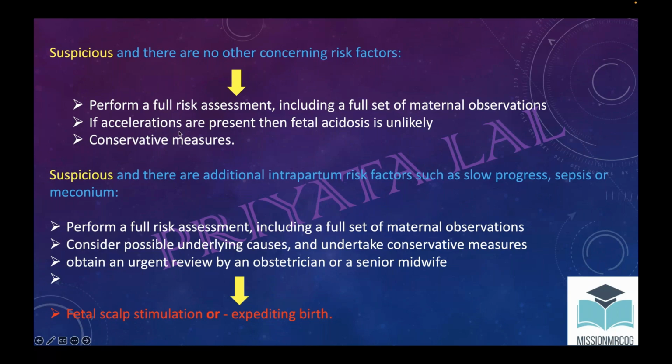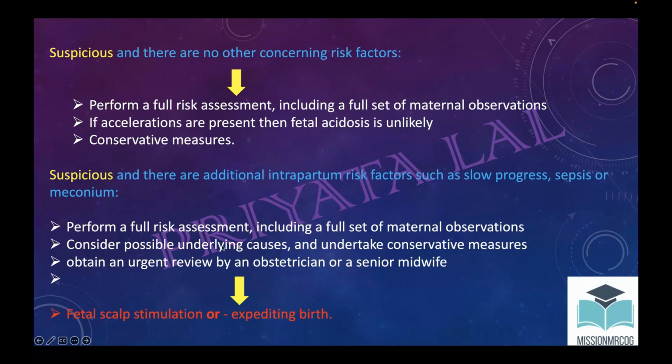This is only on the basis of fetal heart rate when other concerning features are not there. But second part, if it is a suspicious trace and intrapartum risk factors are also there, like sepsis, tachycardia, meconium, slow progress, then a full assessment is to be done, underlying causes reviewed, and conservative measures taken.